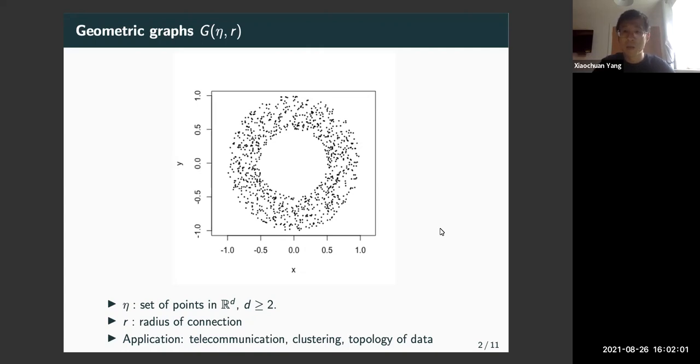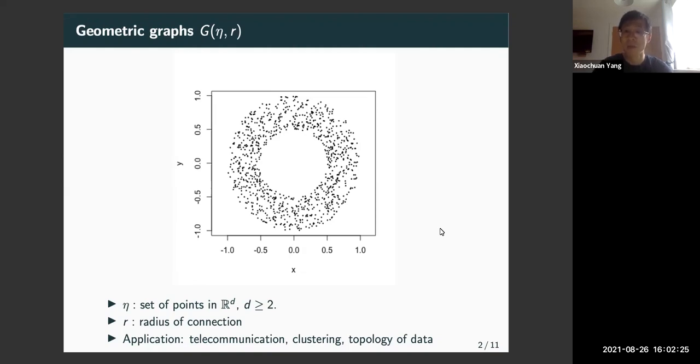Second thing we need to specify is the radius of connection R, which is a positive constant. Two points in the set of vertices are connected if and only if they are at distance less than or equal to R.